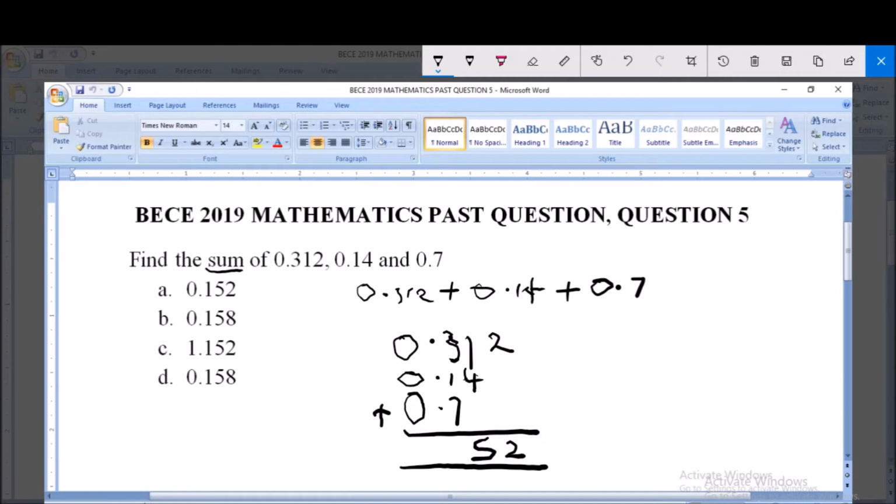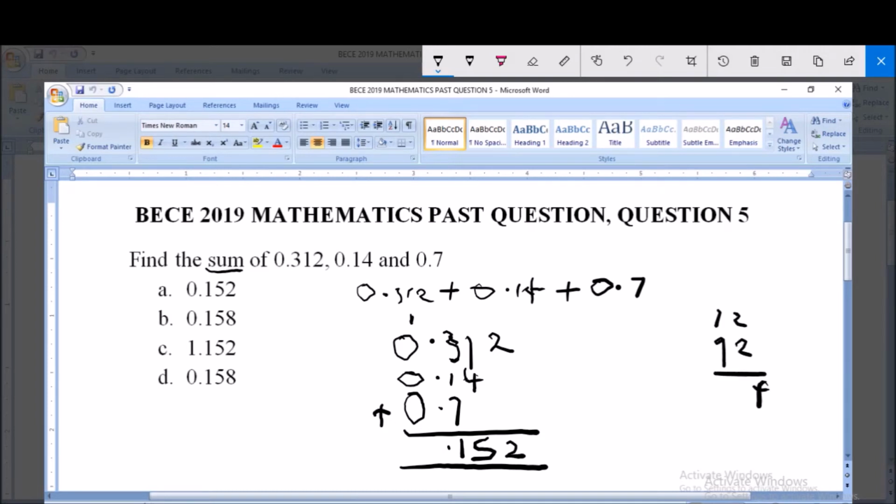And because this is a decimal number, what do you do? You put your 1 here, and then you take the 1 to the other side. Remember, in our normal addition, take for instance, when you have something like 12 plus 92, and you add, you have your 4 here.